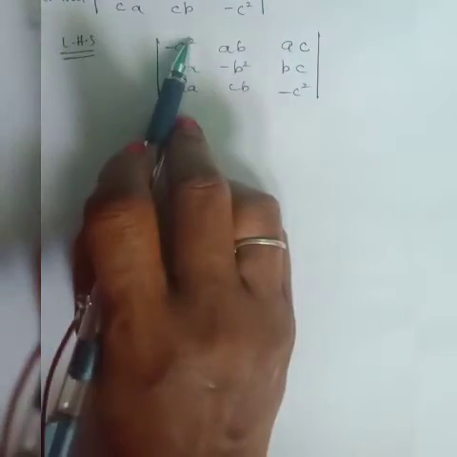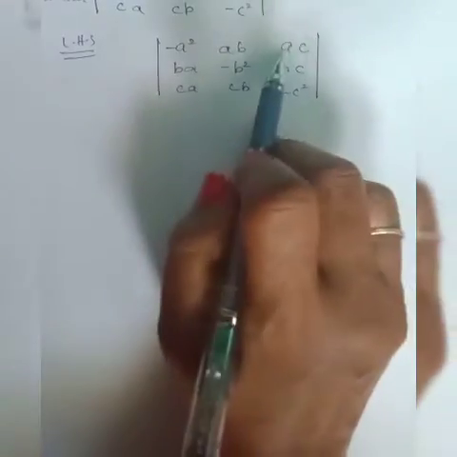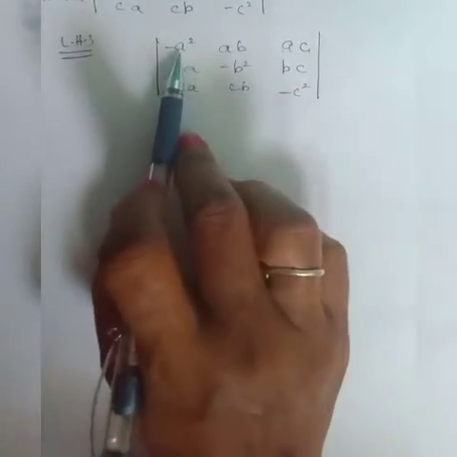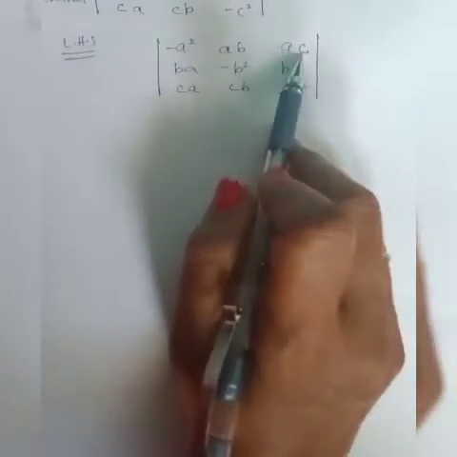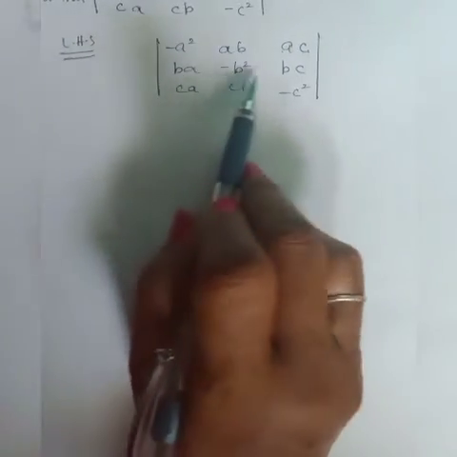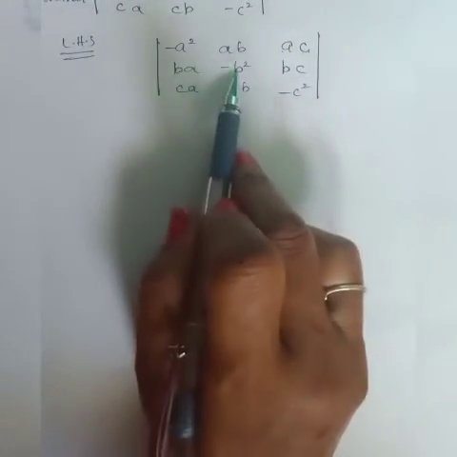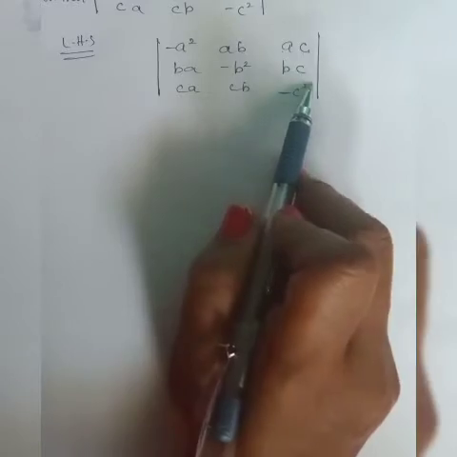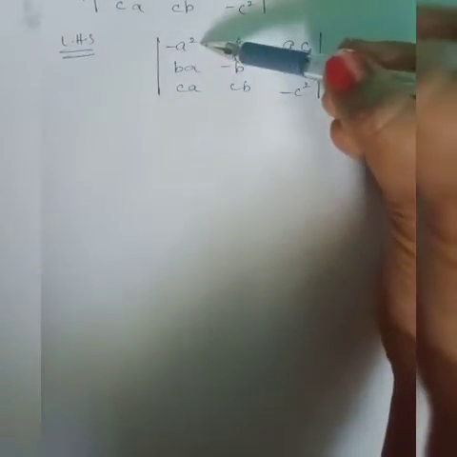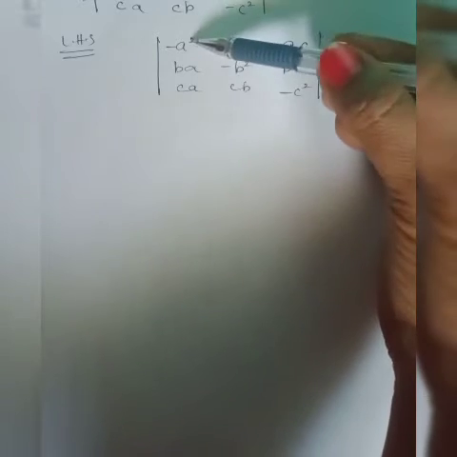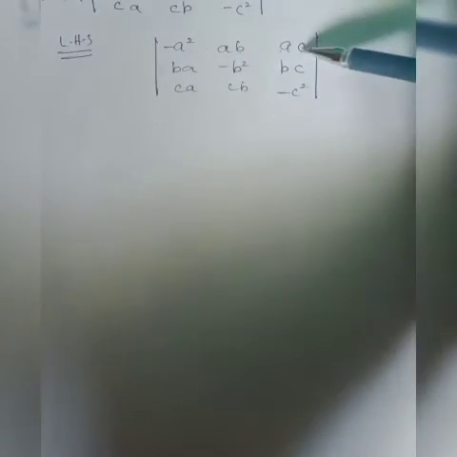Look at the first row. We have a square, ab, ac. So a is common. Look at the second row, ba, b square, bc, and b is common. Or else you look at the columns: we have a square, a, b square, b, c square.